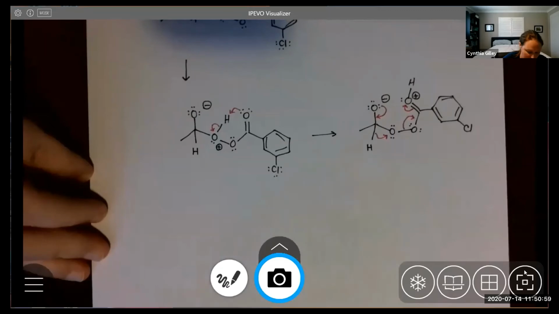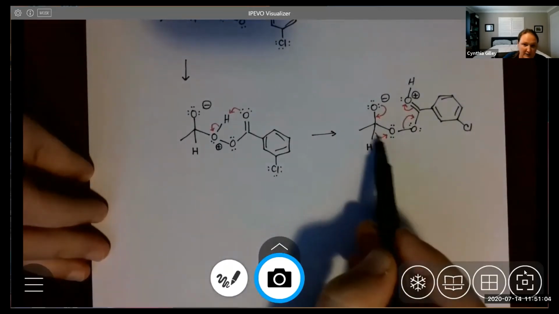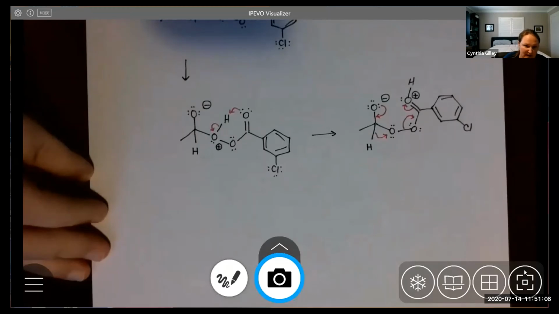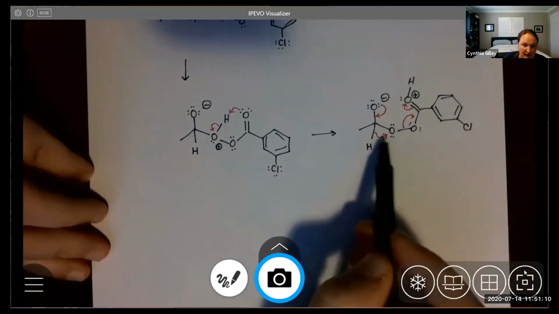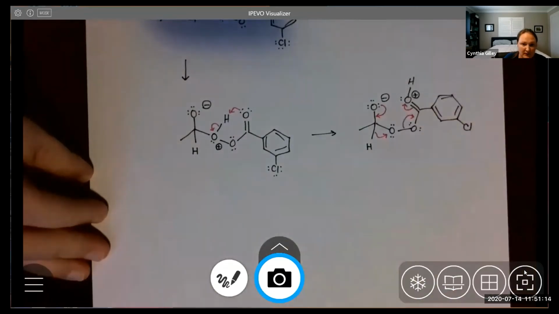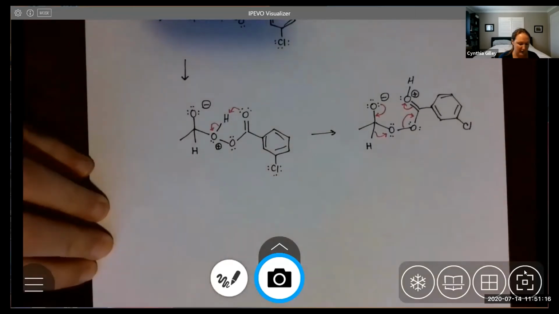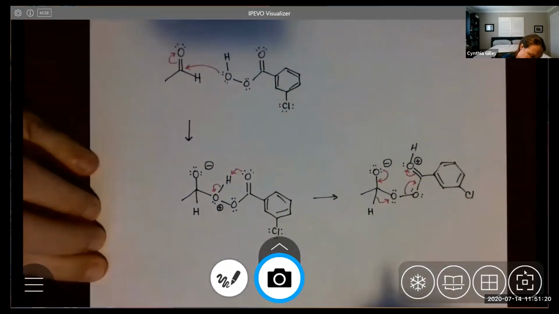And that will allow this double bond to form, get rid of a set of electrons by shifting it over, make it so that this oxygen now has 8 electrons around it, and this is a big leaving group.